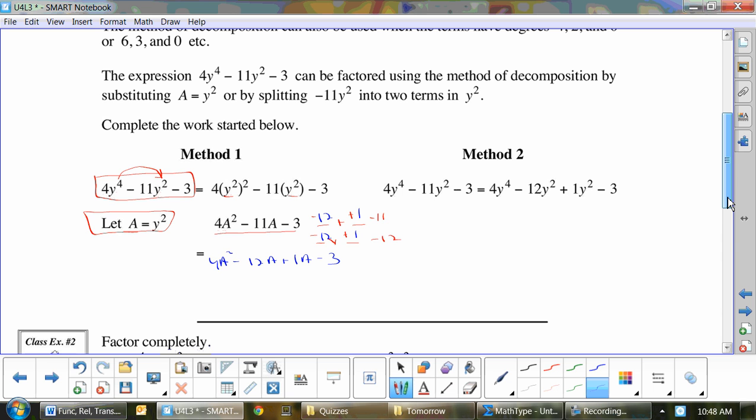Okay, and then I'm going to do my grouping, right? I will take out a 4a in this first set, leaving me with a minus 3. I will take out a 1 in the next set, leaving me with a minus 3. Then I can take out an a minus 3, leaving me with 4a plus 1.